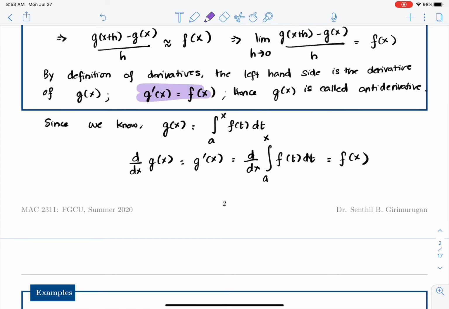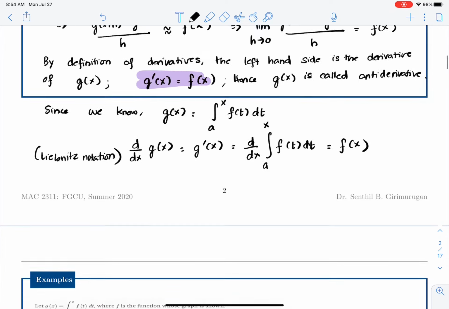So we could infer it this way also, and this is what we call the Leibniz notation. But all we are trying to say is the derivative of g of x, which is the integral, would equal the function f of x, and they are called the antiderivatives.